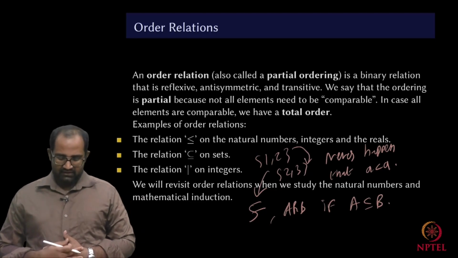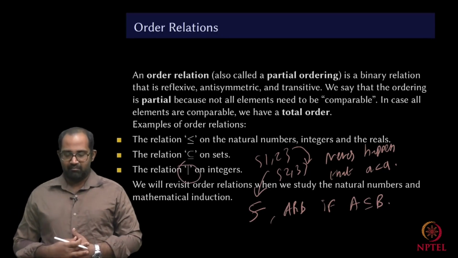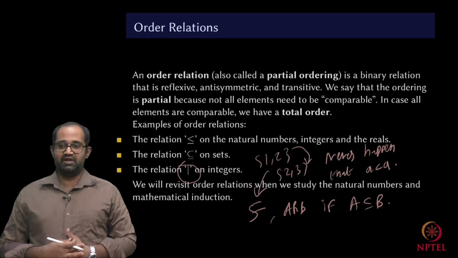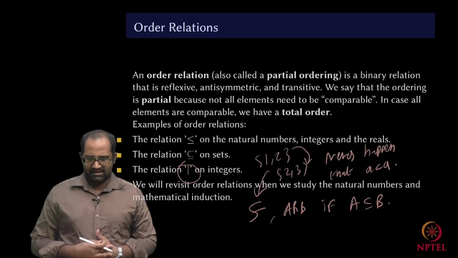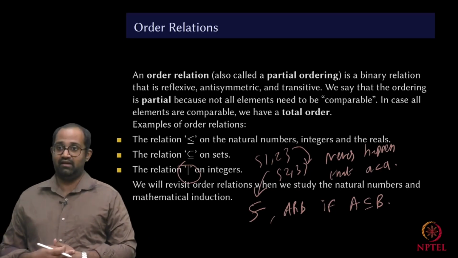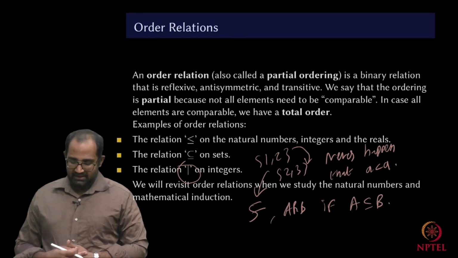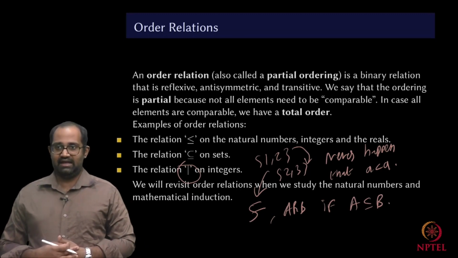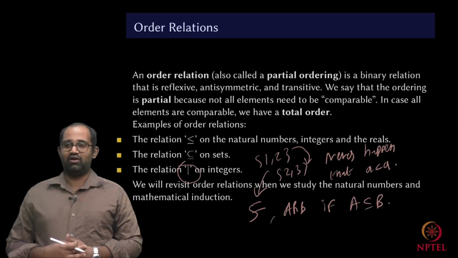Finally, look at the division relation on integers, that is, we say a number A is related to B if A divides B. This is clearly reflexive because A divides itself. It is antisymmetric as well. If A divides B and B divides A, then A is equal to B. Well, not quite.